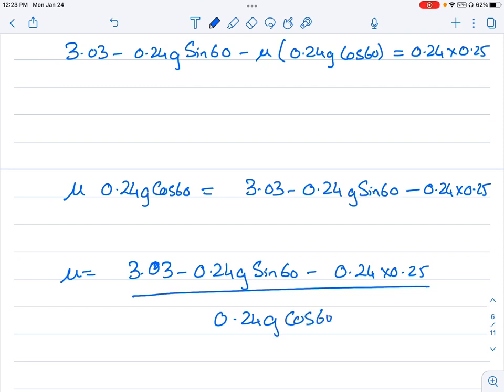Let us take the calculator and do that. 3.03 minus 0.24 times g, which is 10, times sine 60. Keep the mode of the calculator in degrees. Minus 0.24 times 0.25, divided by 0.24 times 10 times cosine 60. Simplified to two decimal places, it should be 0.74. So that is the value of mu.